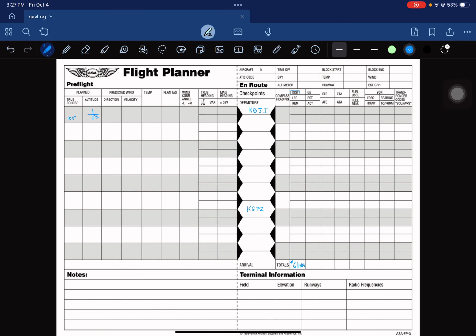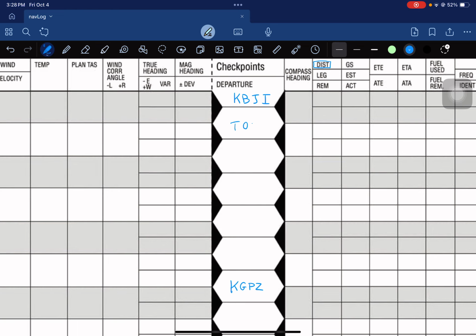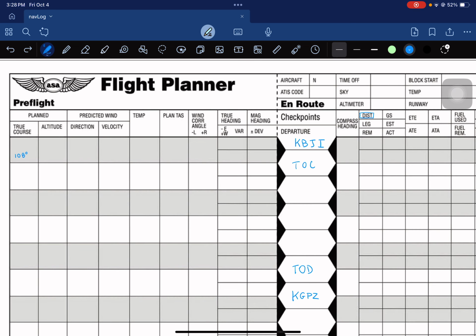Okay, in future videos, I will be calculating my top of climb, top of descent, my intermediate checkpoints along my route, correcting for the wind, correcting my ground speed, correcting for magnetic variation, and even for deviation inside my aircraft.